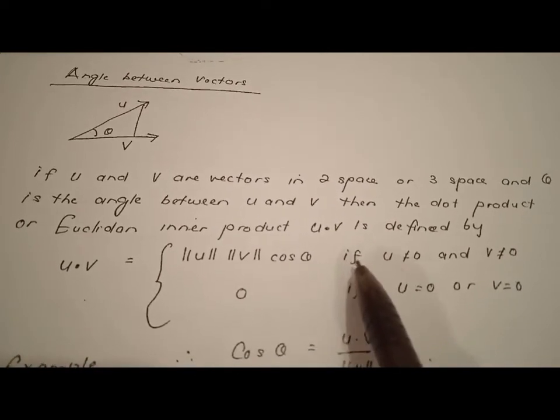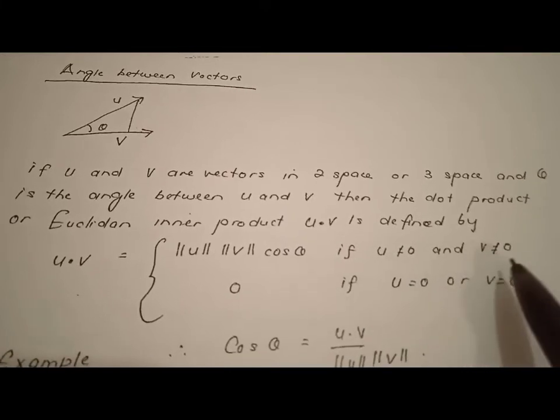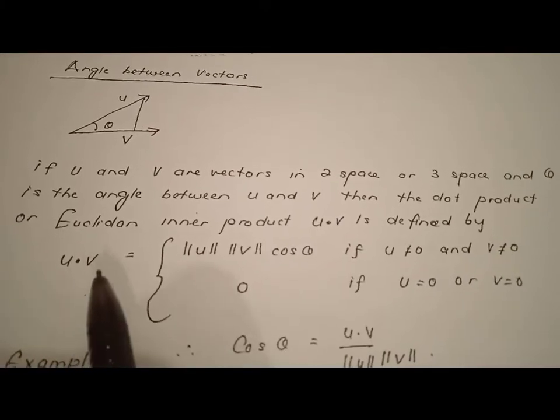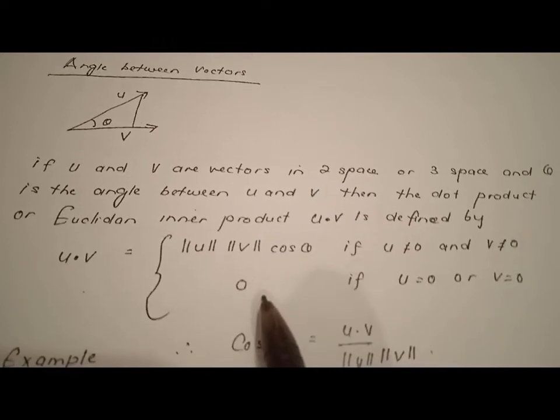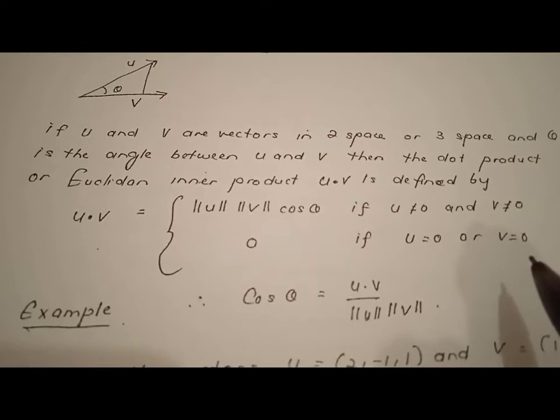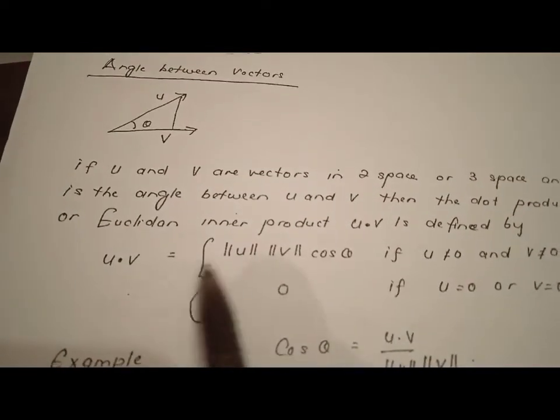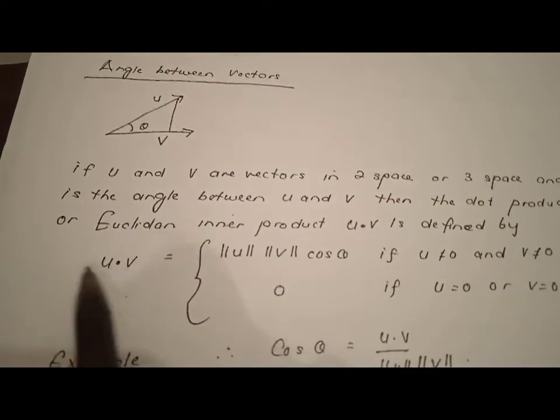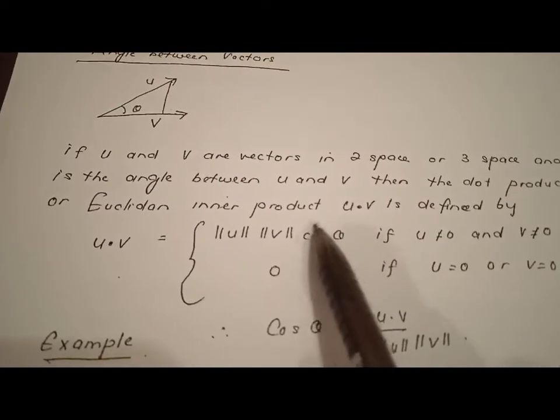This is with the condition that u is not 0 and v is also not 0, and u dot v is always 0 if vector u is 0 or vector v is 0. Okay, from this definition, from this formula, we find cos theta.